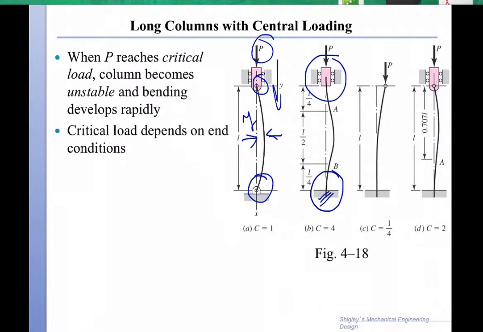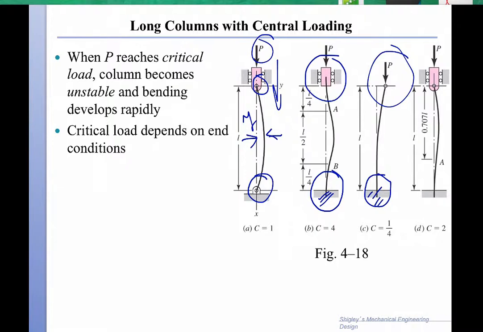In this case, because one end is fixed, it should resist buckling a little bit more. The third case is when one end is fixed and the other end is totally free, and that's a more dangerous situation, because the member can buckle very easily.